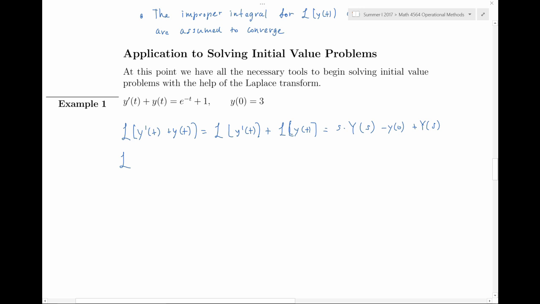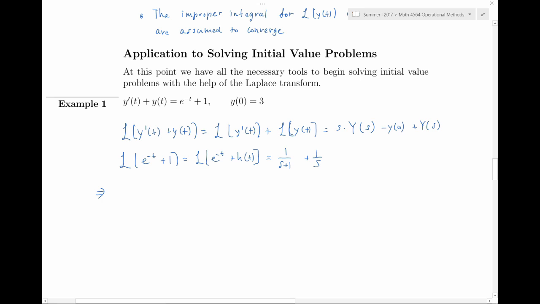The Laplace transform of the right hand side is going to be the Laplace transform of the exponential function and the Laplace transform of the Heaviside function. Again, we can assume that the constant 1 is only 1 for t greater than or equal to 0, and so the Laplace transform of this becomes 1 over s plus 1 for the exponential function plus 1 over s for the Heaviside function.